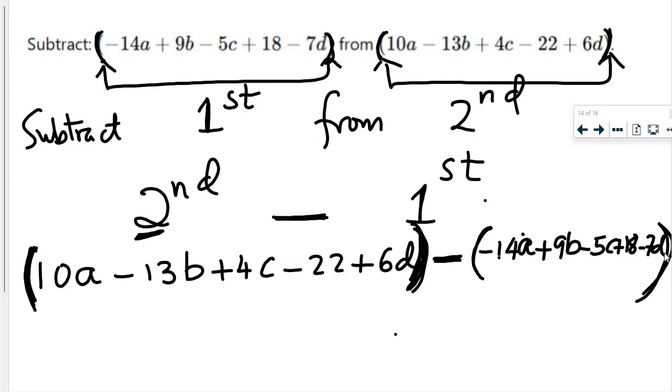I think I did not skip anything. Negative 14a is here, plus 9b minus 5c plus 18 minus 7d.